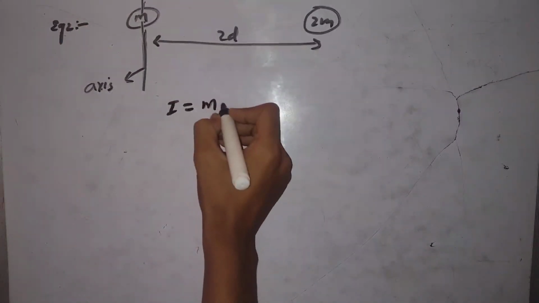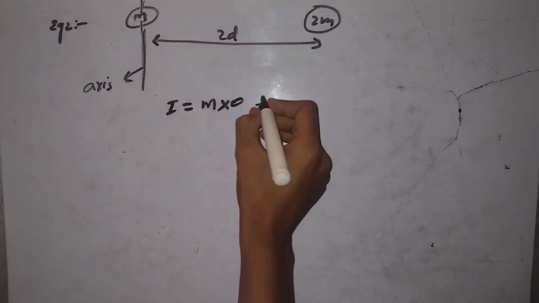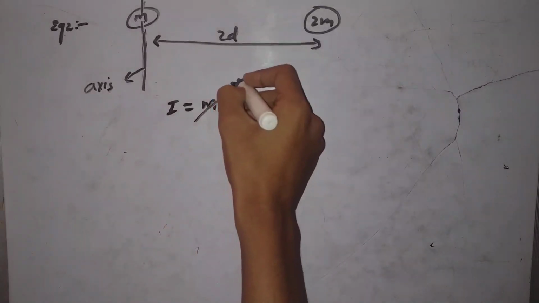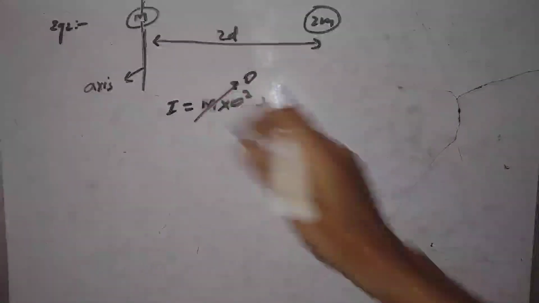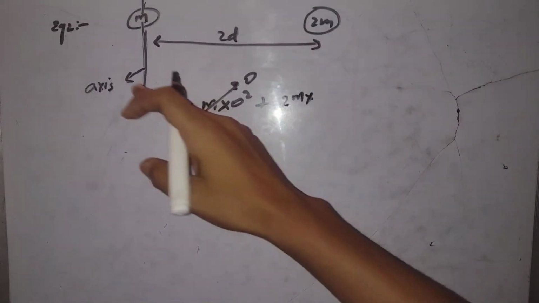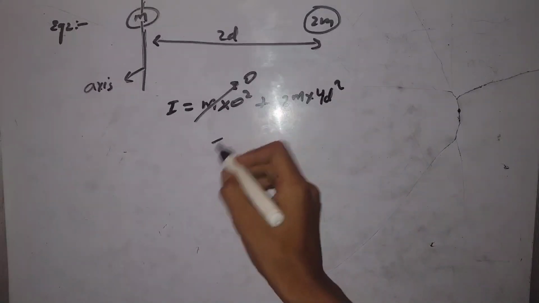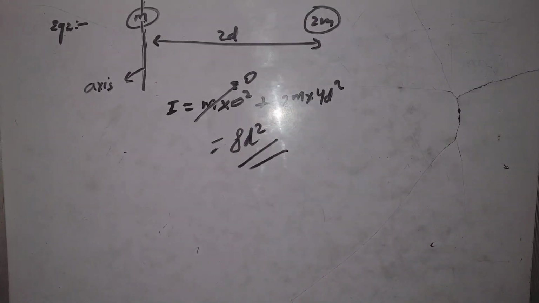We can write m, and the distance from the axis is 0, so 0 square is 0 effectively. So this whole thing is actually 0. Write it here: the moment of inertia of this particle would be mass into distance from the axis. The distance from the axis is 2d, so 2d square is 4d square. So this comes out to be 8 m d square. Let's take a few more examples to understand this.